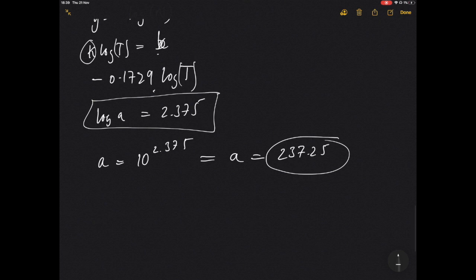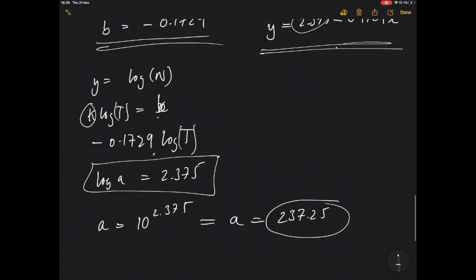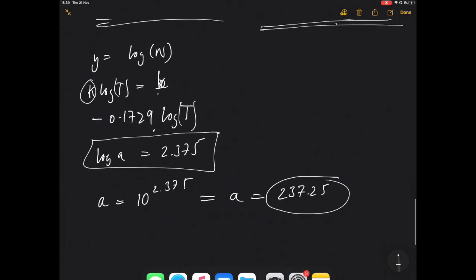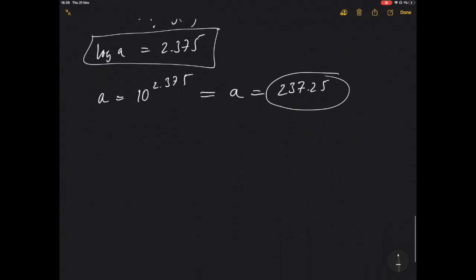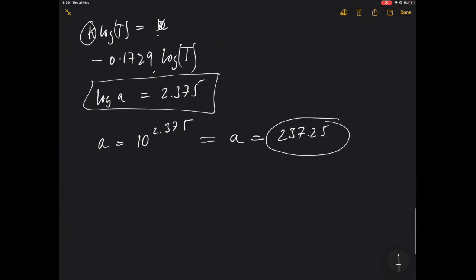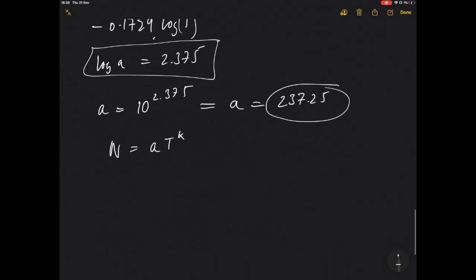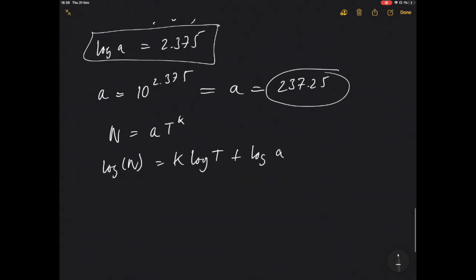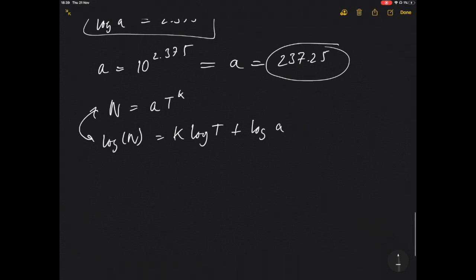And we can actually begin to describe our equation here. We know what our k value is, and because we have our previous equation, which was n equals a t to the k, or we describe that as log n equals k log t plus log a, well, actually, we can begin to stick all this back in with our laws of logs.